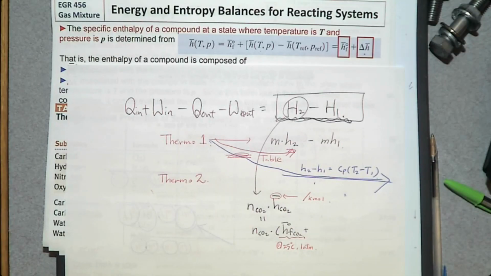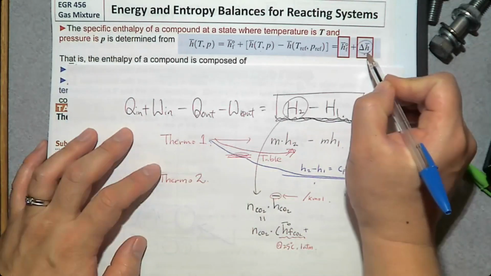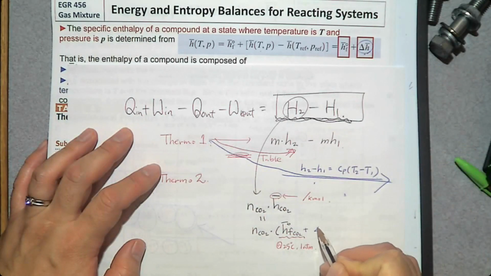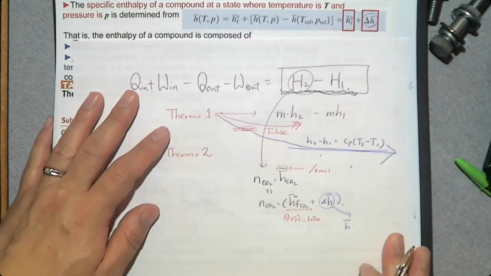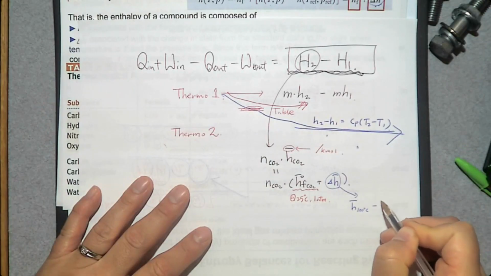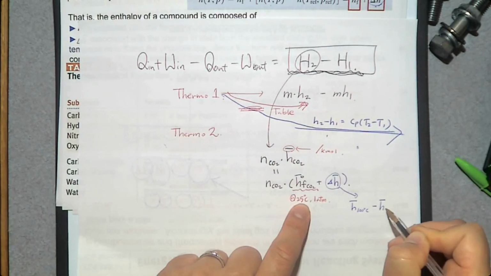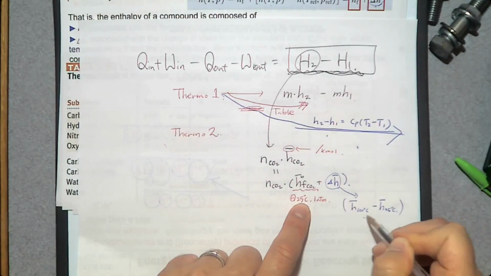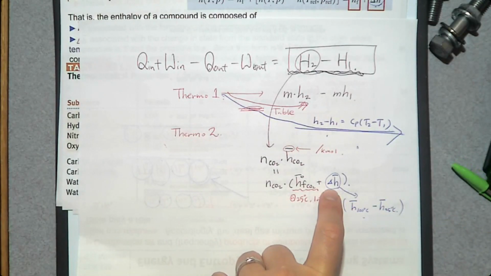So if you have the carbon dioxide at, let's say, 100 degrees Celsius, then we are going to use this correction factor, delta H bar. Then what is delta H bar? H bar at, let's say, 100 degrees Celsius minus H bar at this temperature, 25 degrees Celsius. So we can add this term to determine the enthalpy at the given temperature, 100 degrees Celsius.